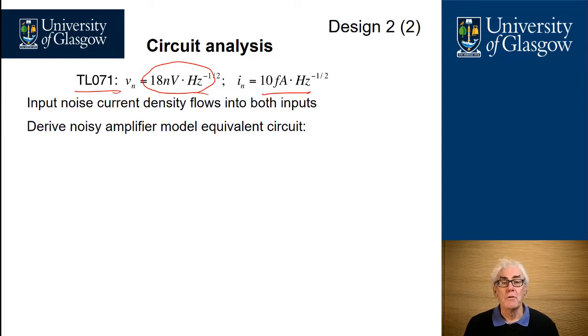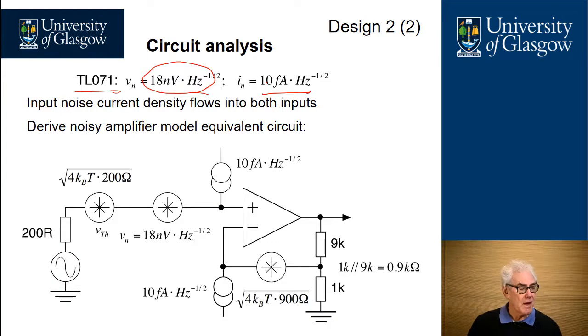The first thing we need to do is derive a noisy amplifier model equivalent circuit so we can do our analysis. So here we have it. We have calculated out our Thevenin voltage here, which is 4kT times 200 ohms, and that's due to the noise equivalent of the source resistance.